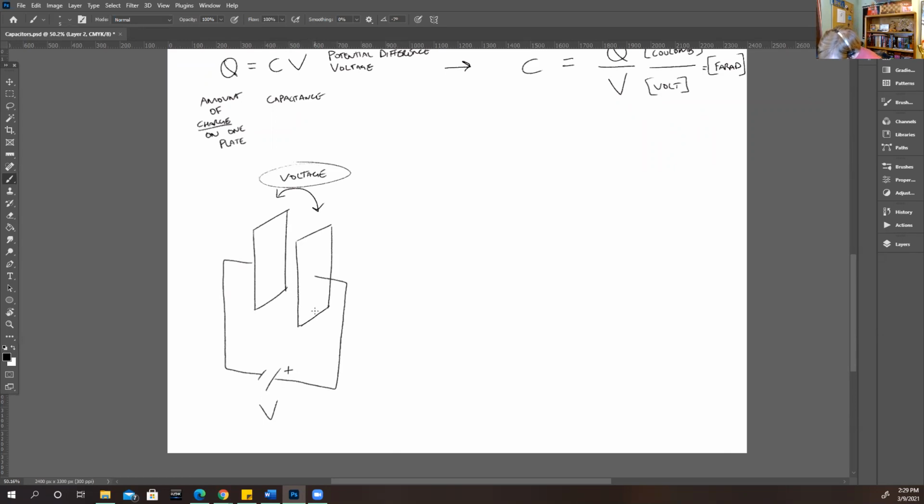Now, capacitors can be different. So say I take this battery for this system, this sort of large capacitor, and I put it on some smaller capacitors like this.